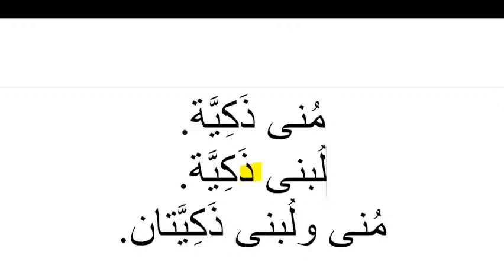The, k, y, a. Together, ذكية. Lubna ذكية. So Lubna is smart. Again, هذه جملة اسمية. This is a nominal sentence and it doesn't need a verb, not because it's nominal, but this is how some sentences are.